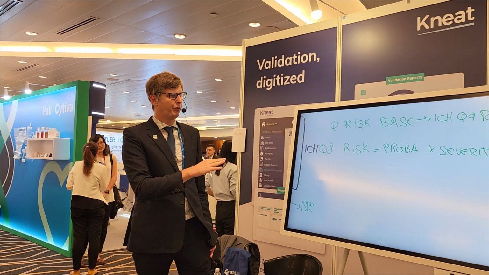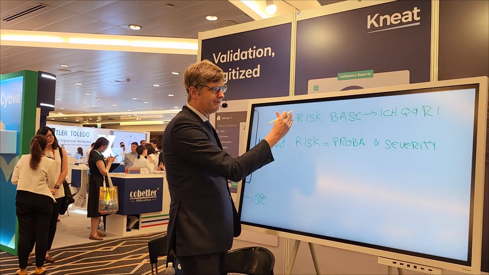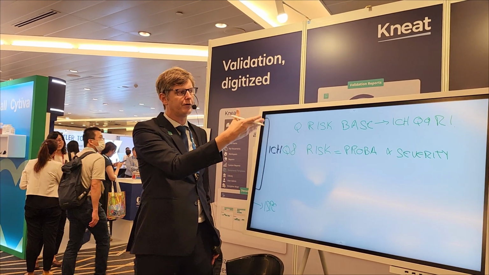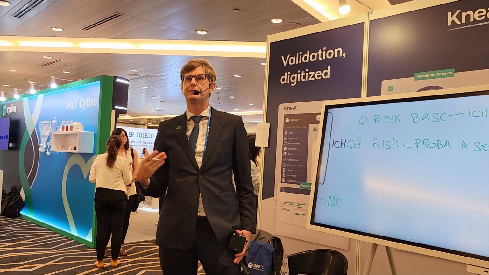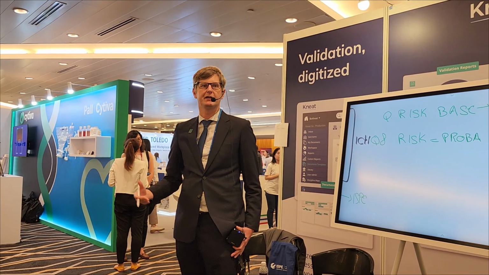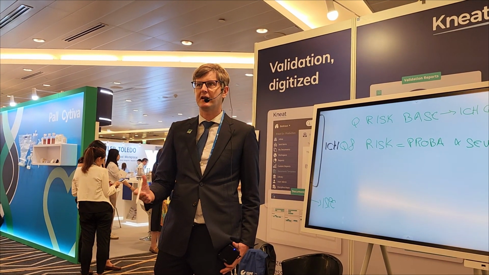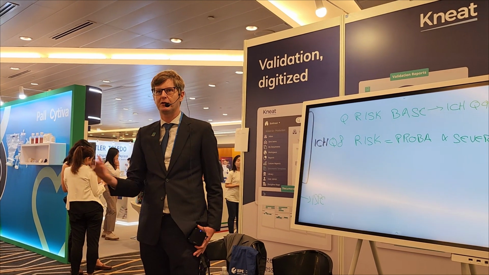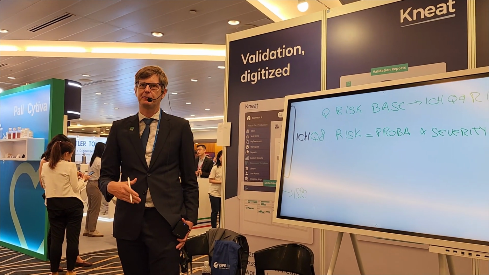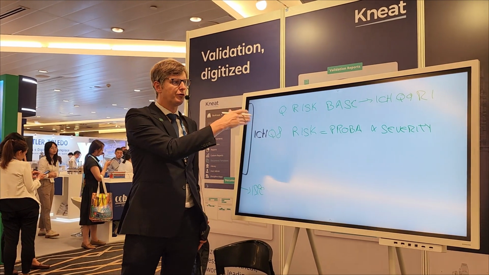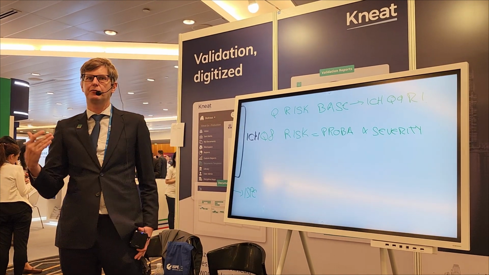And there is another point that they revised it for, because we also want to consider that if the patient doesn't get the drug, there is also a risk for the patient, right? And I always take the example, if you are dying from cancer and I come back in 6 months because we have a drug shortage, that's a bigger risk for you, right? So those are the reasons ICH Q9 was revised.